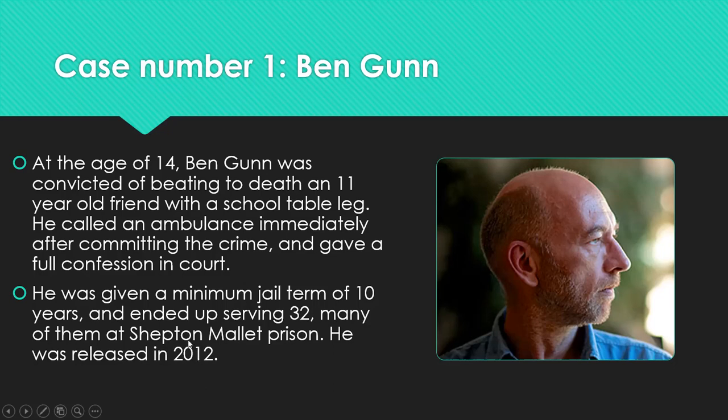Remember, he called the ambulance immediately after committing the crime. He didn't try and get away with it or anything like that. And he gave a full confession in court. That's case study number 1. Pause this video now and write down what you think about the death penalty in this particular case. Go.